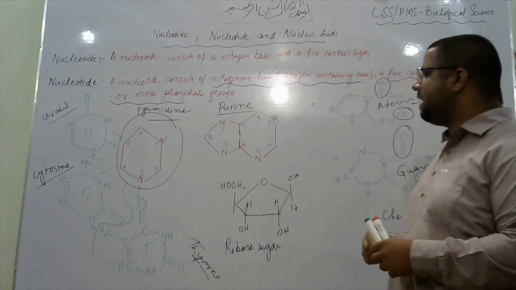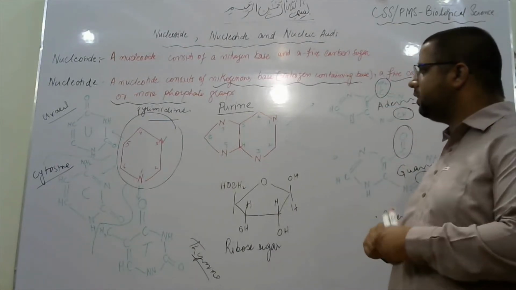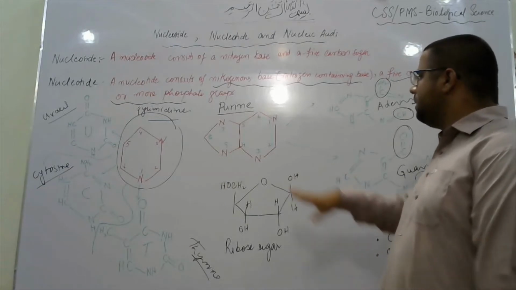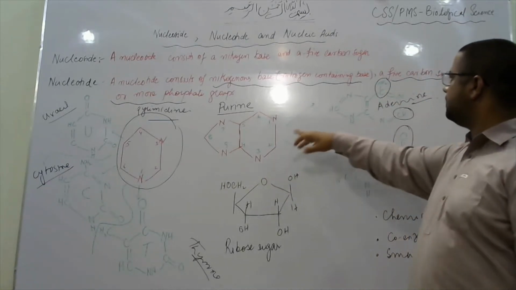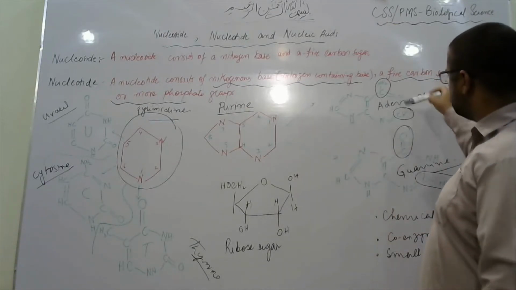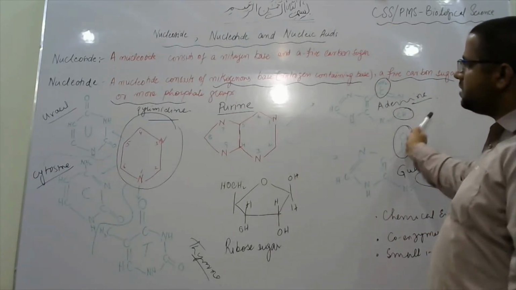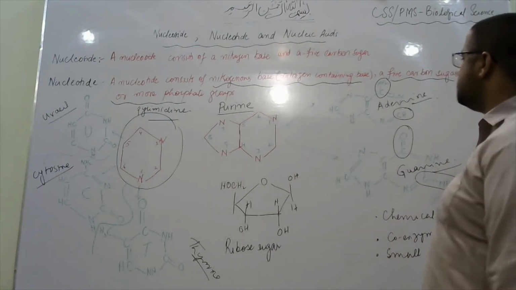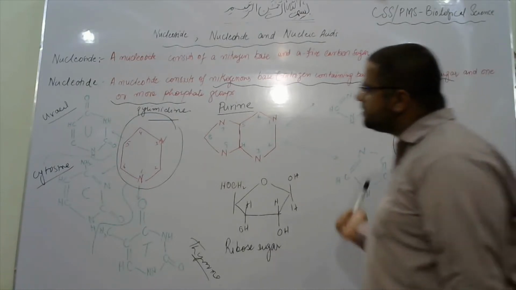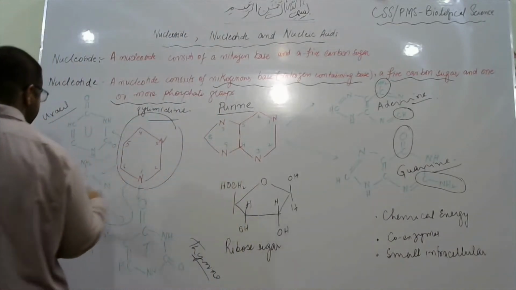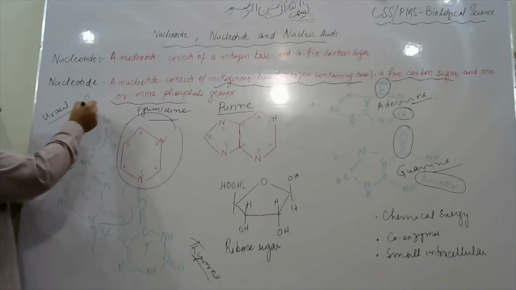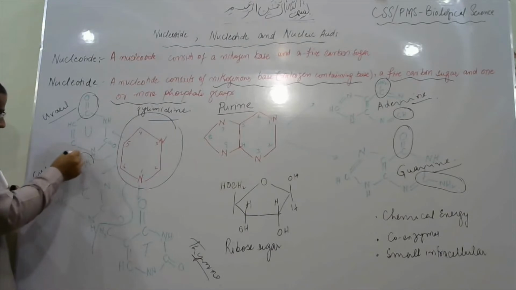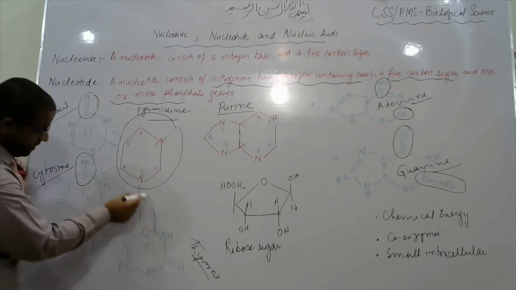Here I have drawn the structure of both of the bases. This is the generalized purine structure, and one type of purine, adenine. You can see that in purine bases there is a difference of two groups between adenine and guanine. The rest of the structure matches the general structure of purine. The same concept applies to pyrimidine, with a little difference in the bonding. You can see the first difference in uracil, that is, a carbonyl group here, an amino group here, and again an oxygen group here.